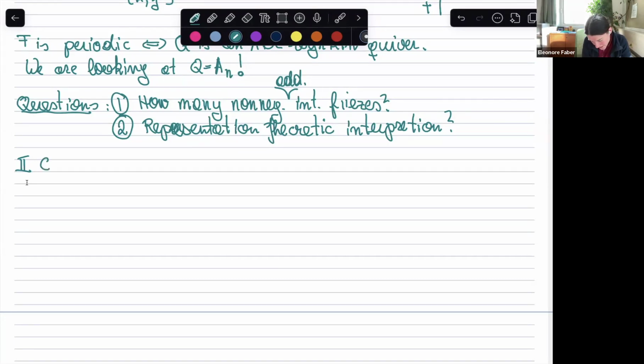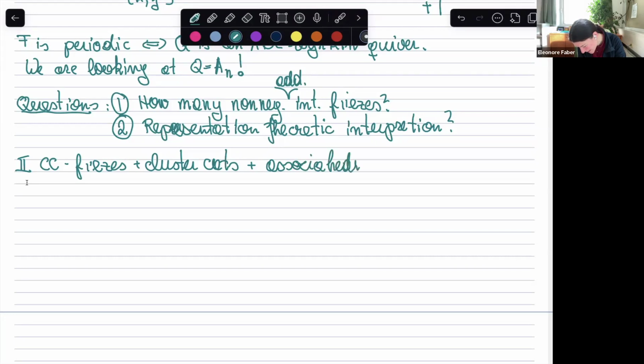So this is a little bit on Conway-Coxeter friezes and cluster categories of type A, from additive friezes to associahedra. We already have the associahedron appearing here. So where is this all coming from? I'll just briefly recall this.